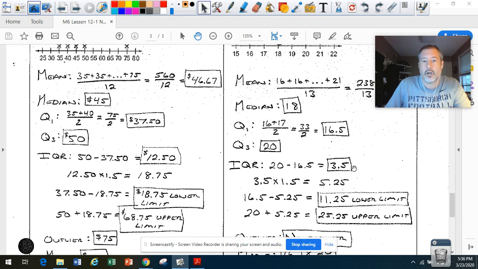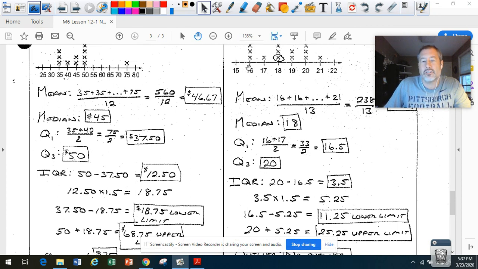Now we got to figure out what our outliers are. Take your 3.5 times your 1.5 equals 5.25. Take that number, subtract it from Q1, add it to Q3. So let's see what our lower limit outlier is. 16.5 minus 5.25 gives us 11.25 years old as our lower limit.